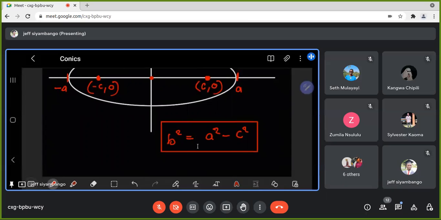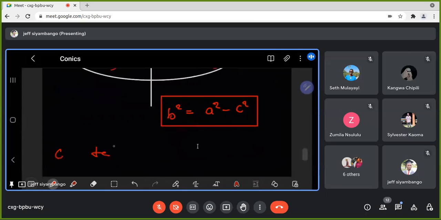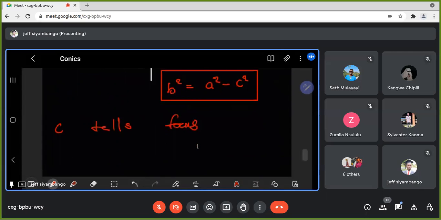Like I mentioned, C tells us about the focus, and A talks about the vertex. So these are the two key points about an ellipse. If you know A, you can determine where the vertex is.